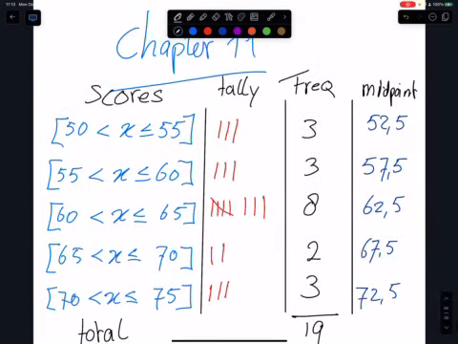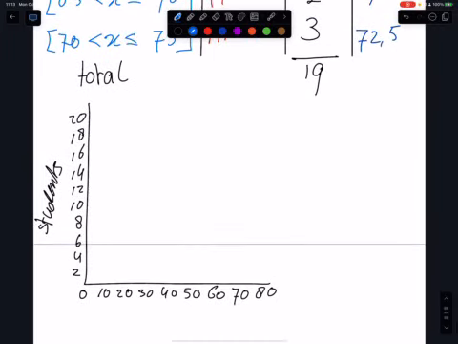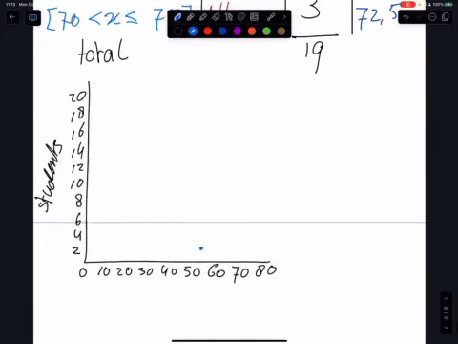All right, so you start where? Midpoint. This is the midpoint. 3 people where? At 52.5. 3 people again, 57.5. I'm at 3, so I add 3 on top of it. So where do I go? 6. Somewhere there.